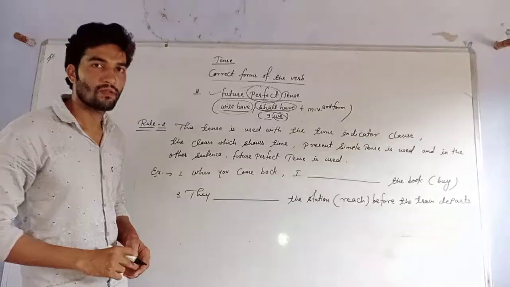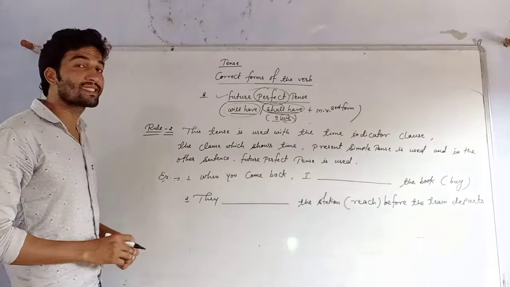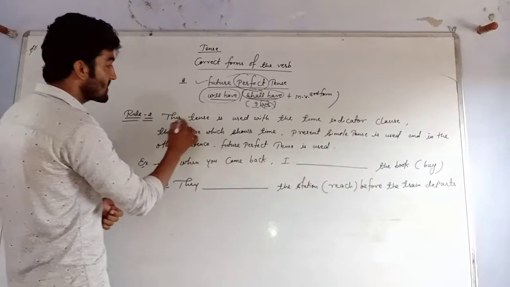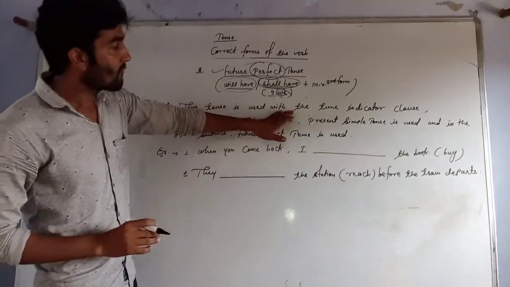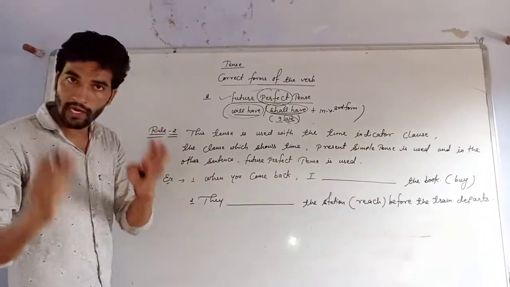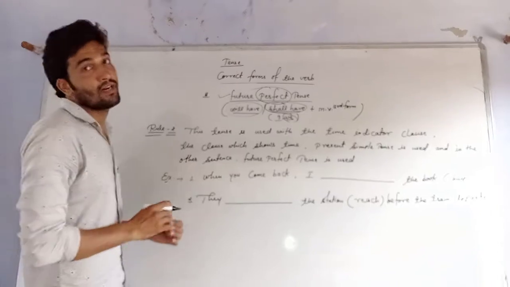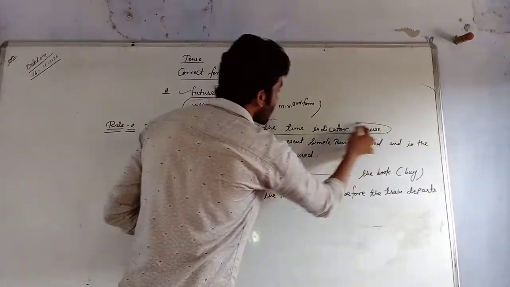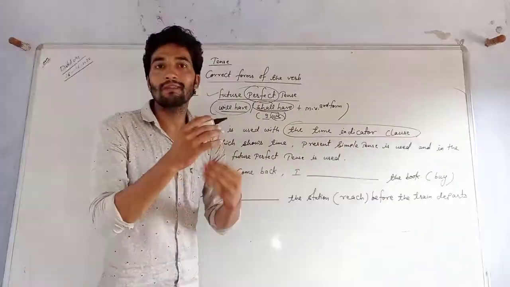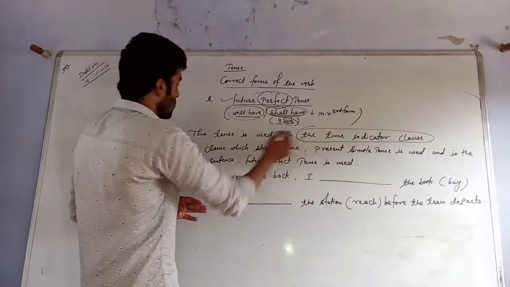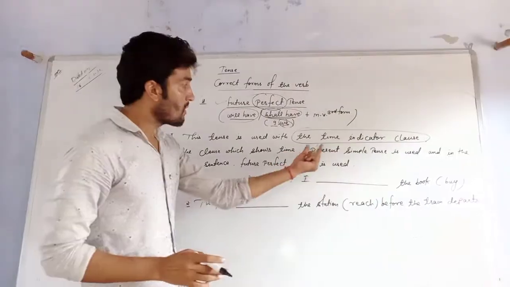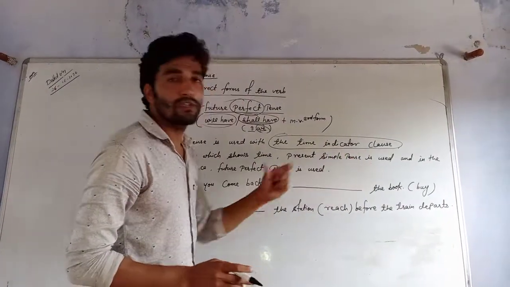So this is rule second. Have a look at rule second. This tense is used with the time indicator clause. If there is a clause given which indicates the time, the clause which shows time, present simple tense is used.